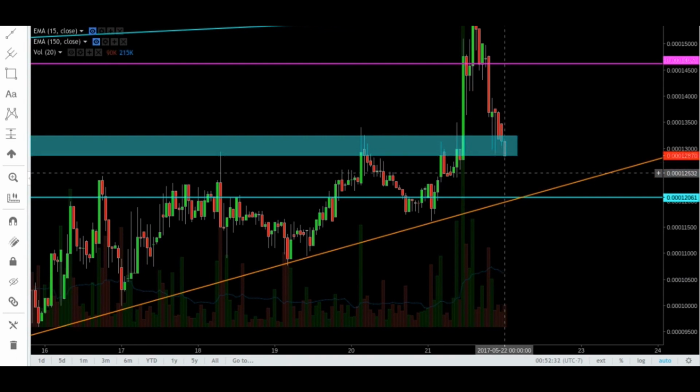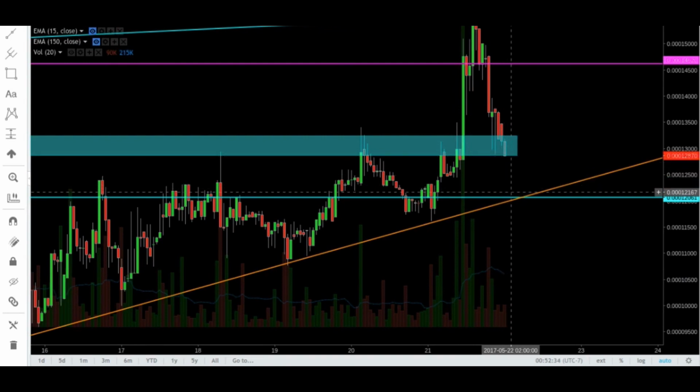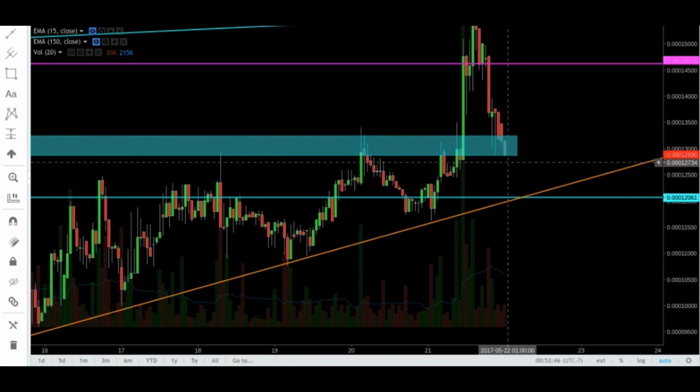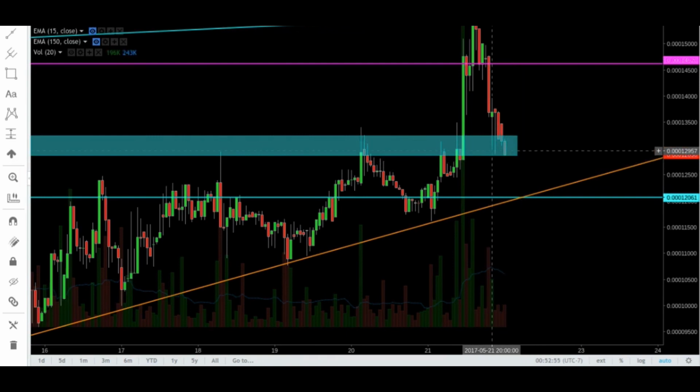I would wait till it retraces back into this zone, because as you see, it is not necessarily respecting this support zone. It seems to be falling through, but we don't know what it's going to do next. You can wait for confirmation, or if it does come back up and stay in the zone, it has a possibility of going up. But in this case, I would not buy. This is not a go for me.